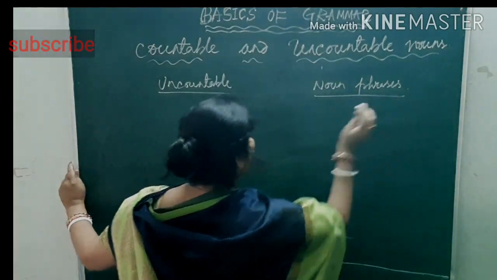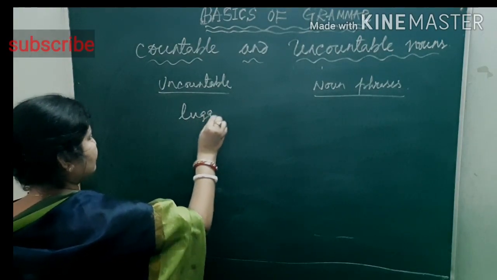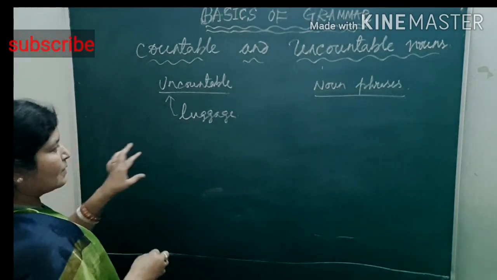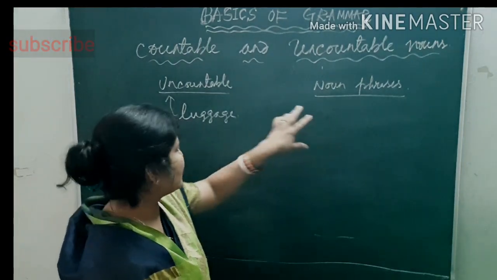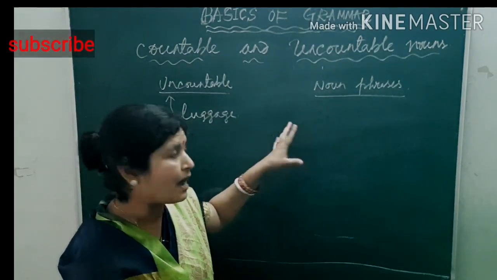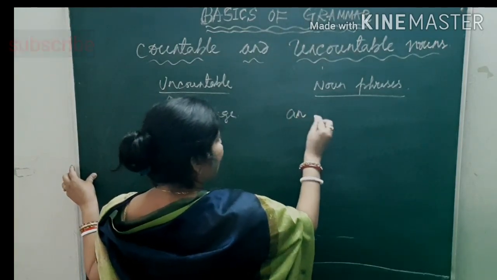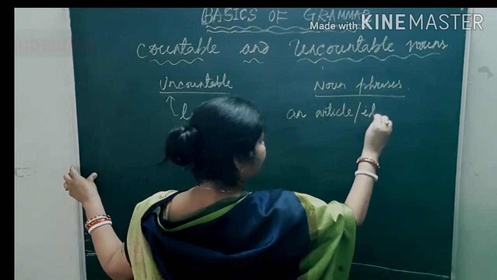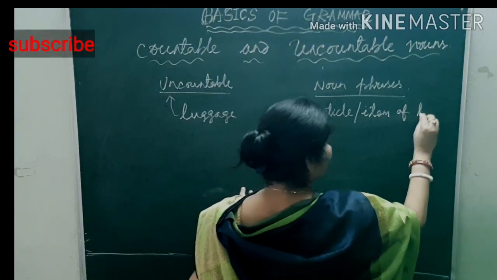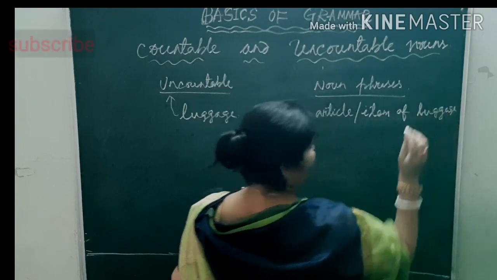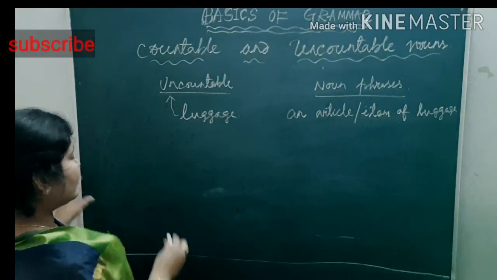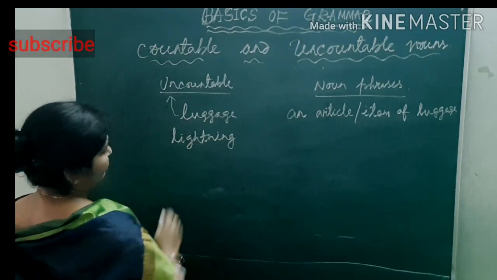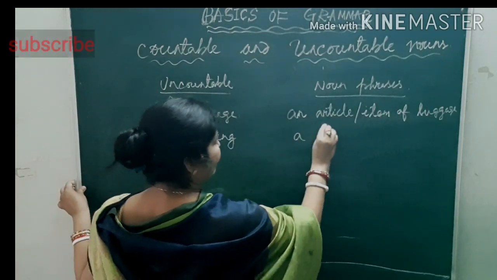For example, luggage is an uncountable noun, but by the use of a noun phrase, we can make it countable: an item of luggage. Lightning: a flash of lightning.